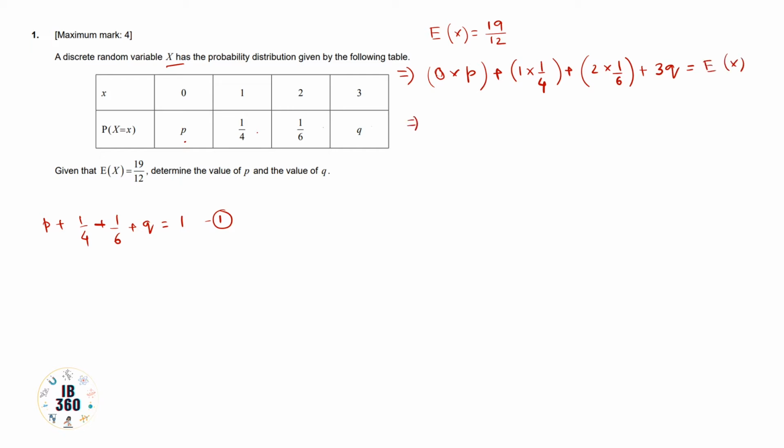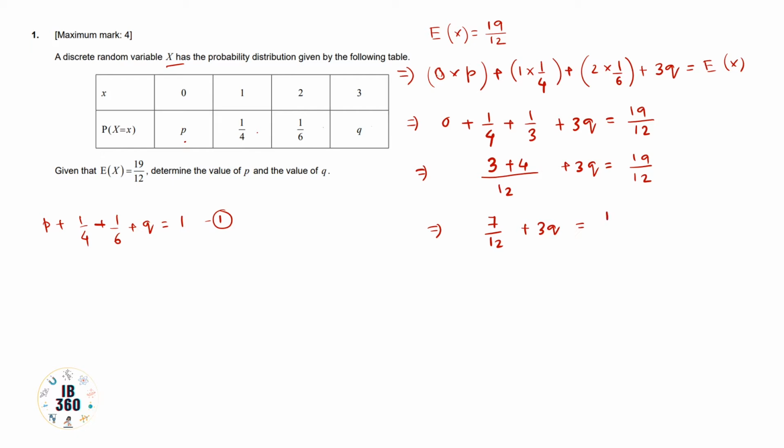So we can write 0 plus 1 by 4 plus 1 by 3 plus 3q equals 19 by 12. The LCM is 12, so 3 plus 4 plus 3q equals 19 by 12. From here we are getting 7 by 12 plus 3q equals 19 by 12.